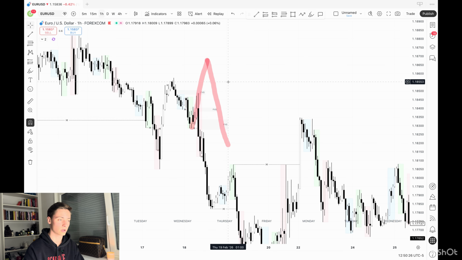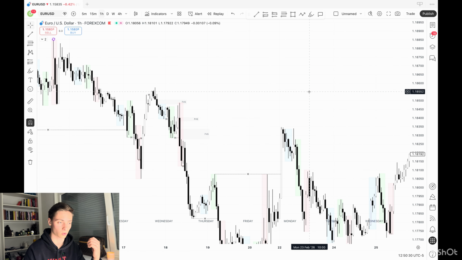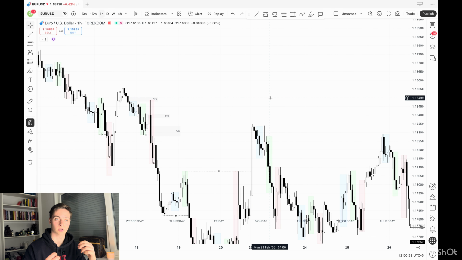And for them to place an order or to exit an order, they need opposing liquidity. So if they're buying some asset for $1 billion, they need somebody who sells to them for $1 billion.